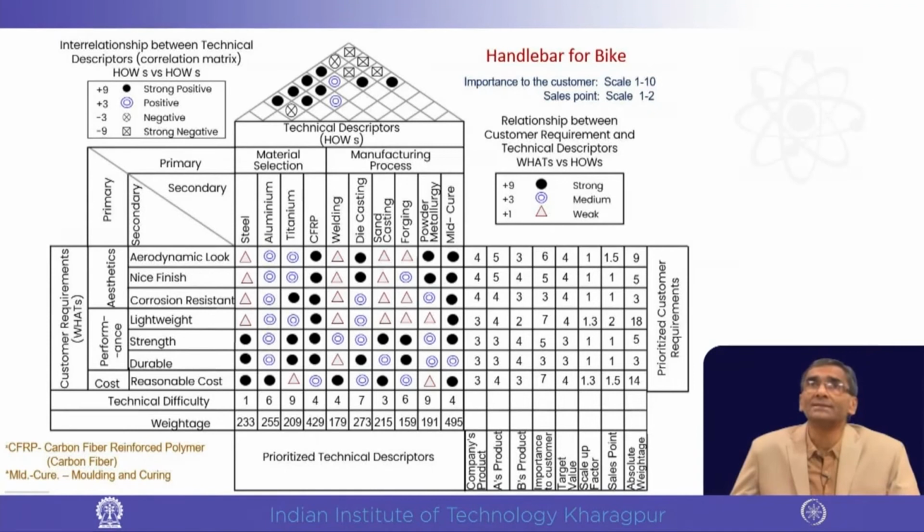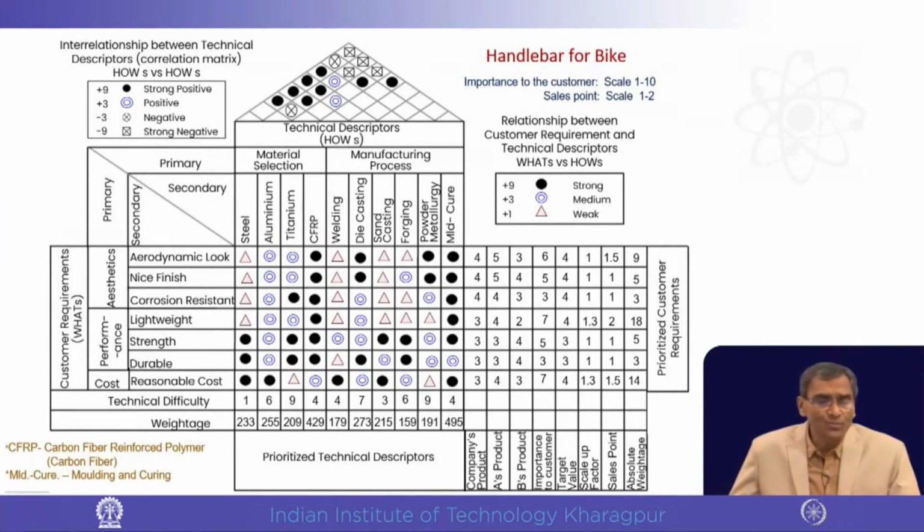So, A's product and B's product are compared against each requirement, say for aerodynamic look, for example, the company's product is 4 and A's in comparison is 5 and B's is 3. The company we are talking about is Midway.